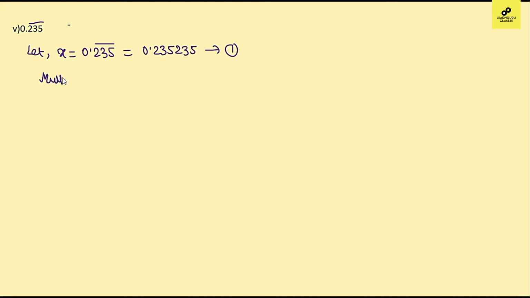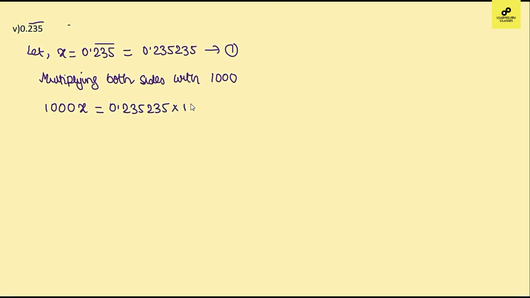So multiplying both sides with 1000. So this will come as 1000x, and this will be 0.235235 into 1000, which will make 235 come before the decimal. So 235.235235.